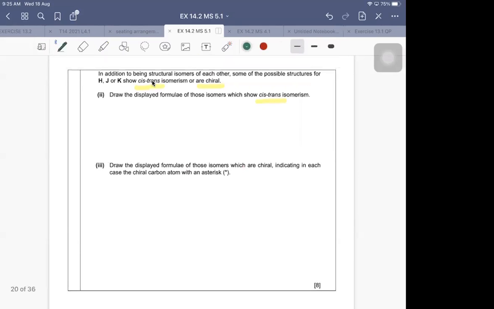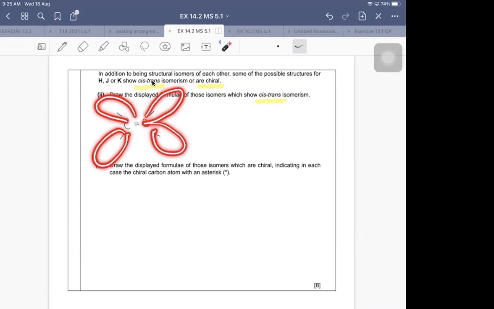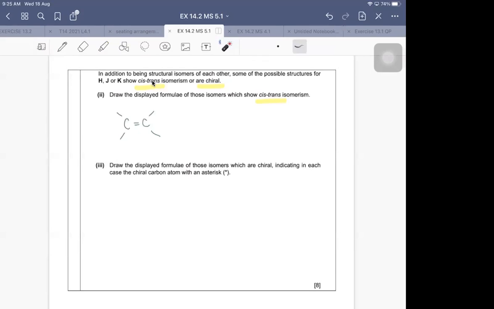Before I move on to part 3, I want to give you a hint: when drawing the cis-trans isomers, always put the double bond as your highlight, and then everything else is just hanging off it. This is the time for you to revise your cis-trans isomerism, maybe later after class.